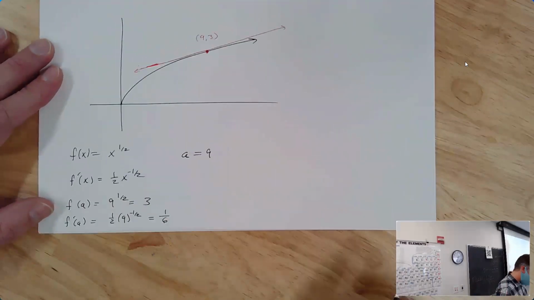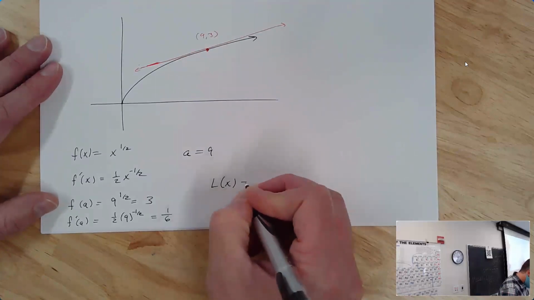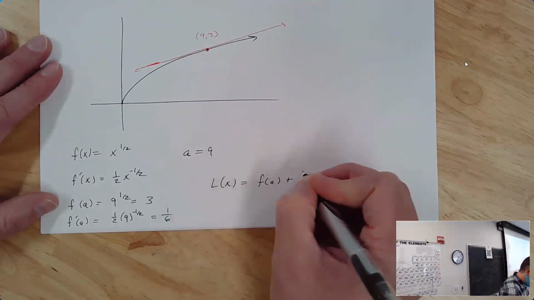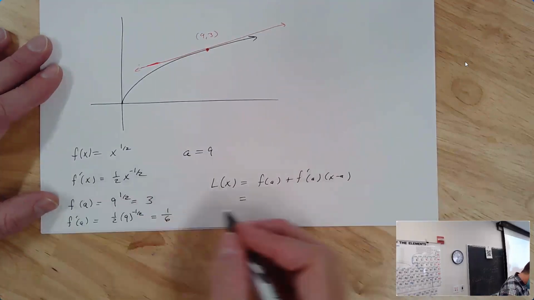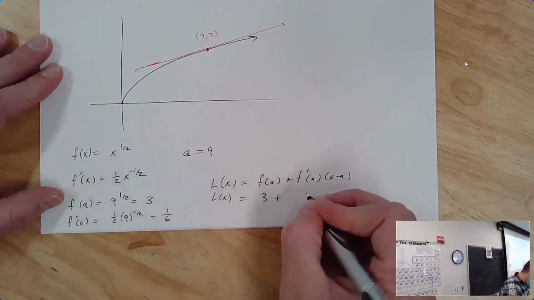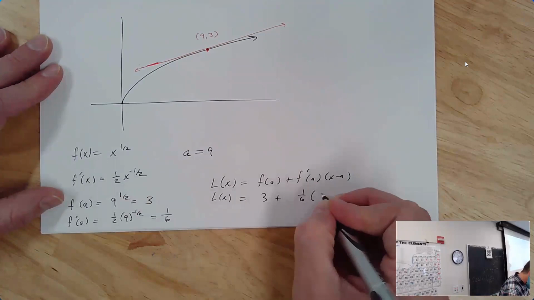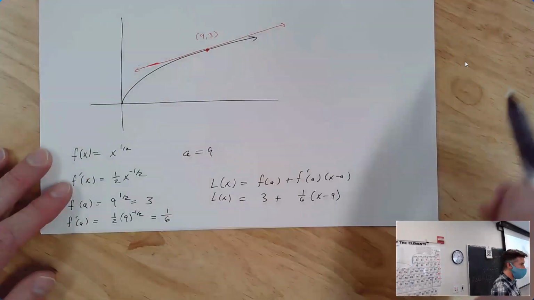So our linearization is f of a plus f prime of a times x minus a. That's going to be 3 plus 1/6 times x minus 9. And that's the equation of this line.